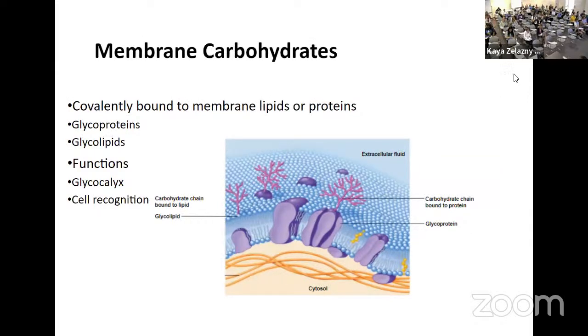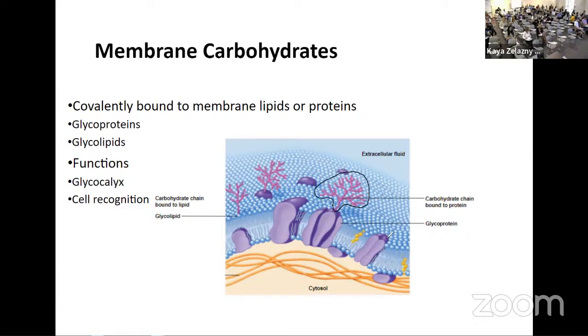Our final group are our membrane carbohydrates. They are bound on to either lipids or proteins, so we can see both here in this diagram. These branching structures are the carbohydrates that we're talking about. Think of it like the glycogen, which had branches holding together its glucose monomers.